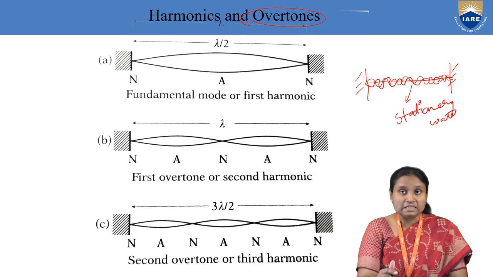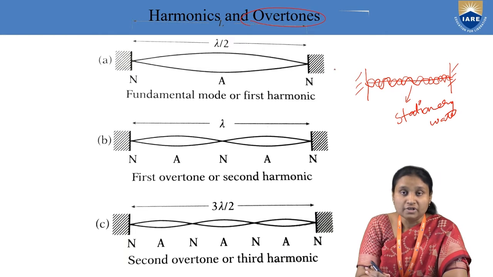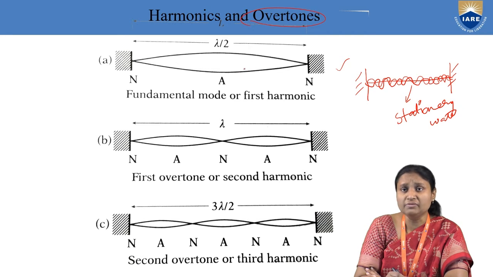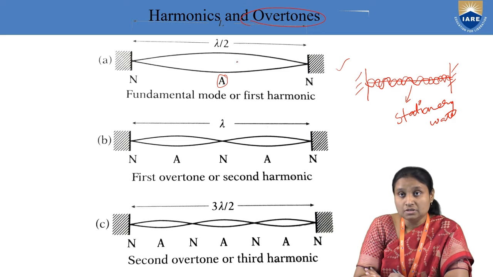Now if you look at this slide, I have taken three figures. In this figure I am trying to show the first case, a string which is vibrating with one loop. So what do we mean by vibrating with one loop? It has only one antinode. So what do we mean by antinode? Antinode is the place where there is maximum amplitude.